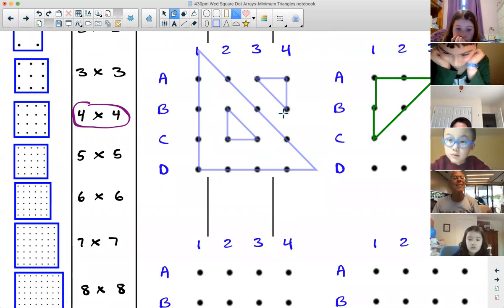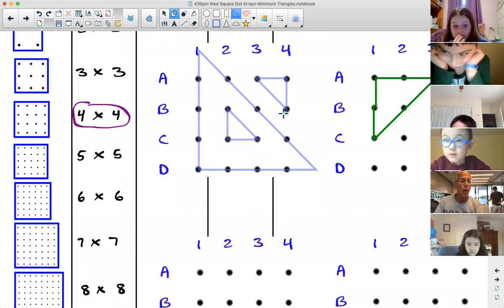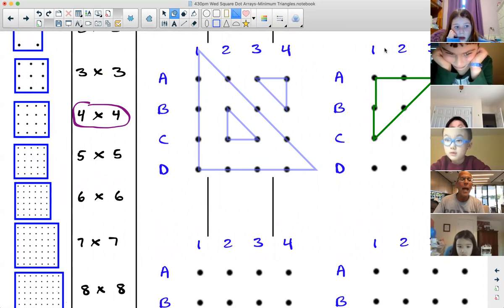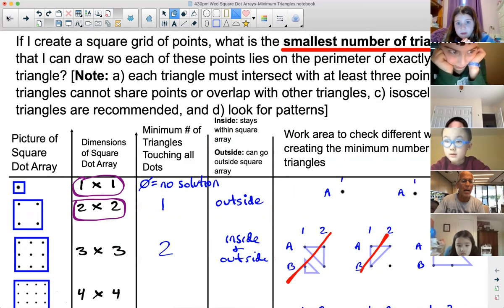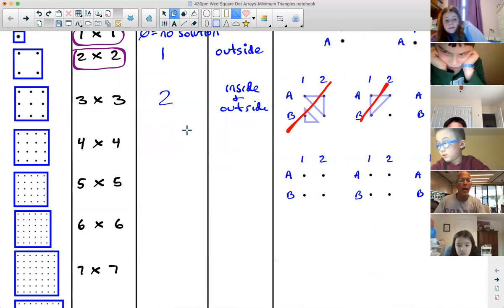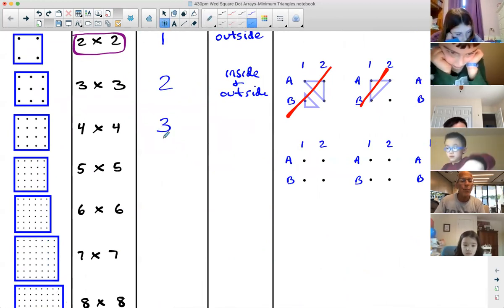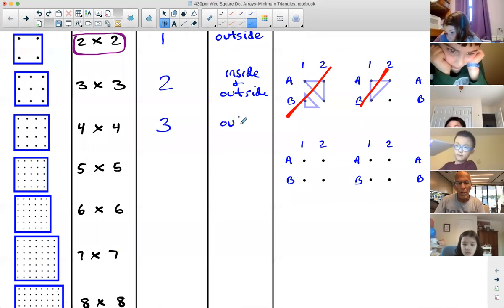So our job is not to do the most triangles. It's to do the fewest triangles. So everybody now record that 4x4 took 3 triangles and we had to go outside the box. So everybody do that right now. Go to page 1, 3 triangles, and it was outside.